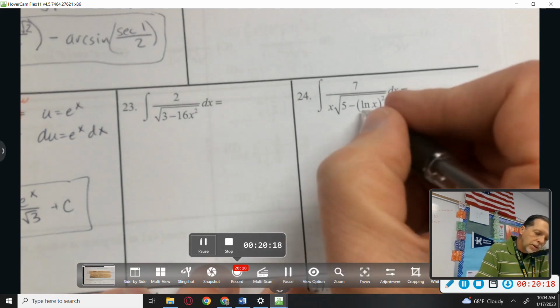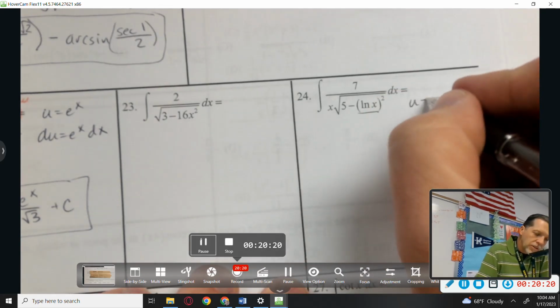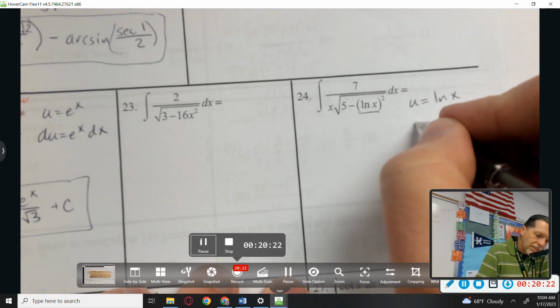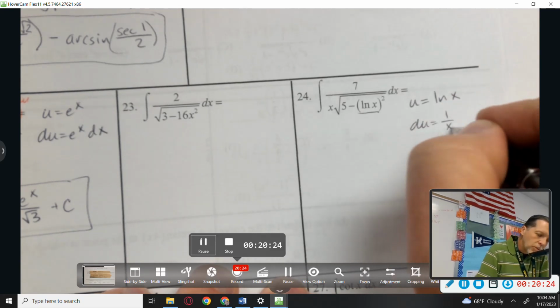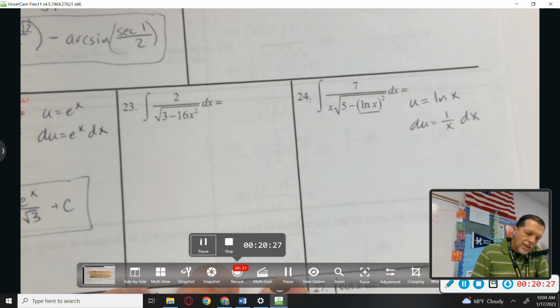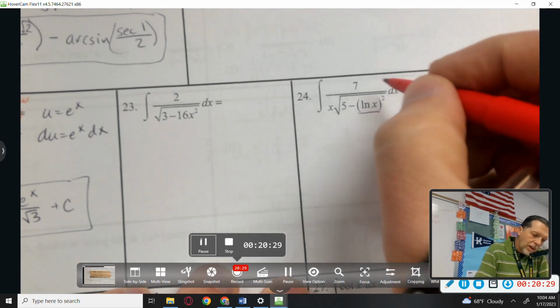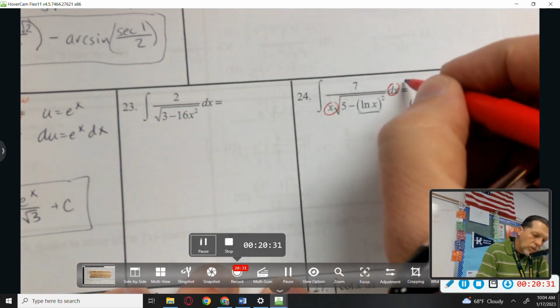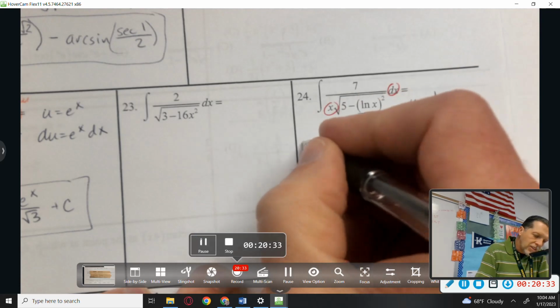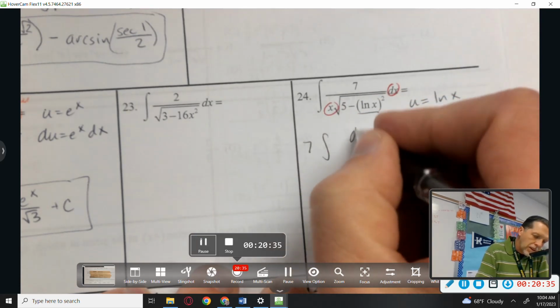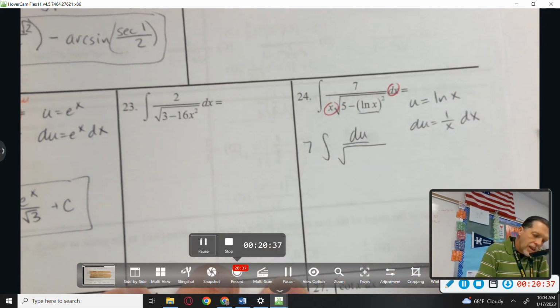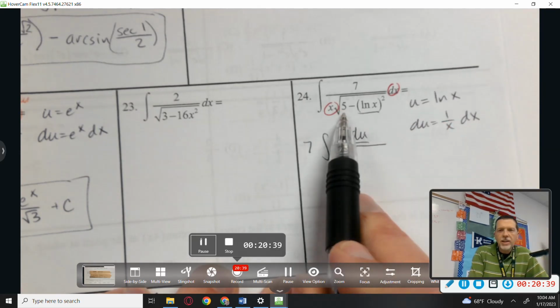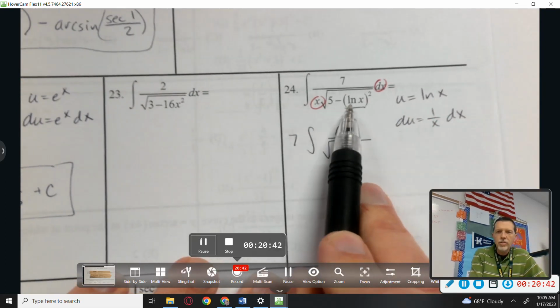Looks ugly, but if natural log's in there, you're almost always going to let u be natural log of x. Du is 1 over x dx. And, okay, so there's dx over x, that's du. 7 can just slide out front, don't worry about him. And this is starting to look like arc sine, a squared minus u squared.